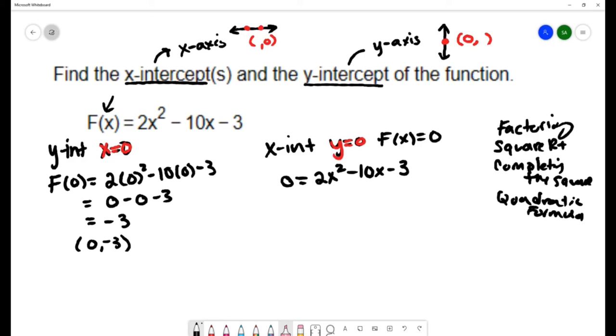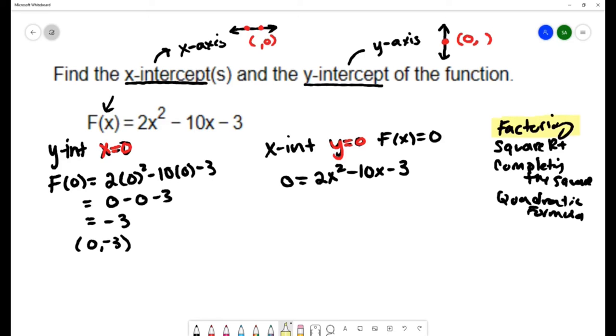But my go-to strategy when I'm trying to solve a quadratic is that I usually start by trying to factor it. I solve by factoring because the answers look a little bit cleaner if we're able to factor it. And factoring doesn't always work with quadratics because not every quadratic can be factored.